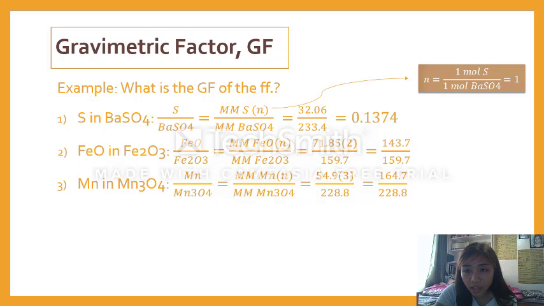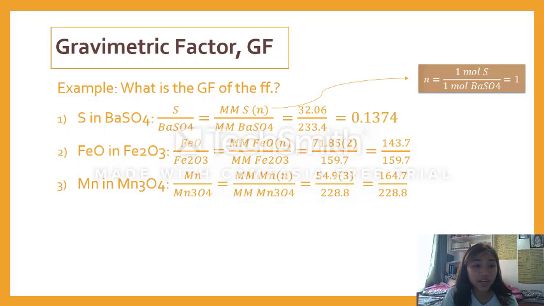As we can see, for 1 mole of BaSO4, there is 1 mole of sulfur. That's why N equals 1. Okay? So computing for the GF, the molar mass of sulfur is 32.06 times 1, over 233.4. So our gravimetric factor is 0.1374.